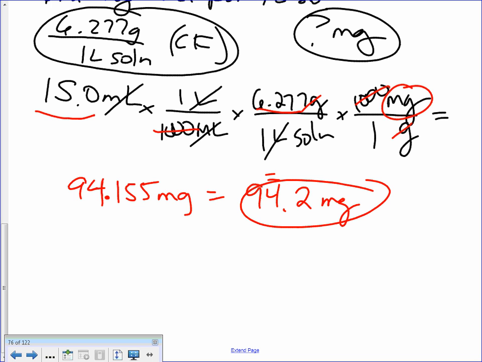We start with the 45. The gram has a base, so the gram.